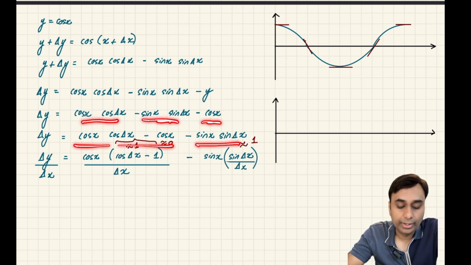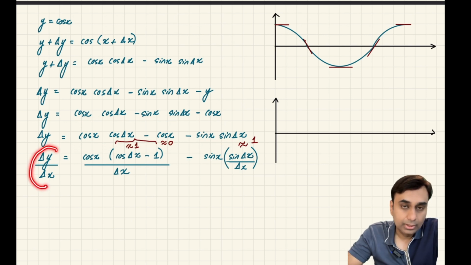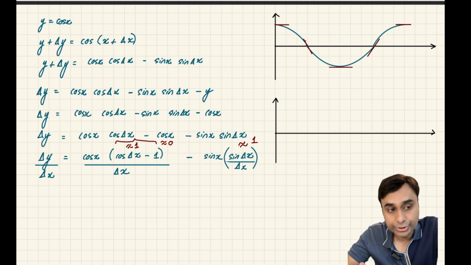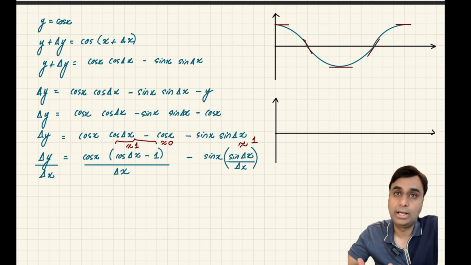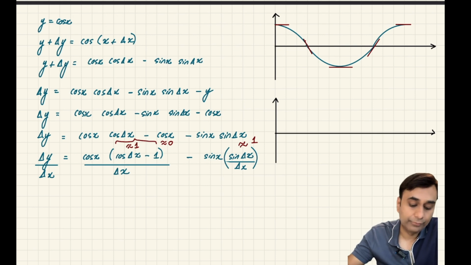This term is over here, and then lastly, I'm dividing by delta x, bearing in mind that my entire approach is towards finding delta y over delta x for delta x very small, which gives me the gradient function.